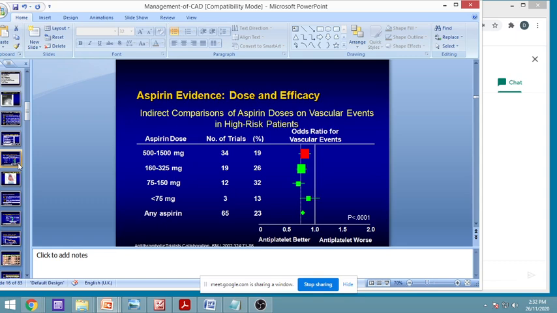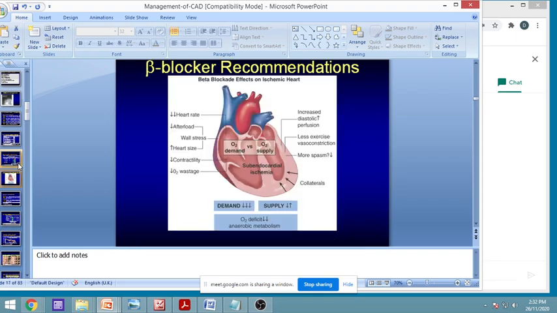These are various trials which were conducted. Those who have tried higher doses like 500 to 1500, even in so many more trials, it has still been shown that they are not effective, rather they are harmful. So these are various ways which indicate what the dose should be. These are again different studies. They indicate that the dose range from 75 milligram to 350 milligram is the best.